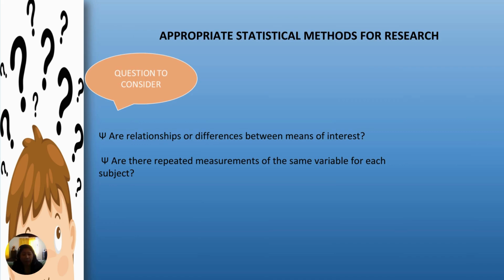And another question: are there repeated measurements of the same variable for each subject? This refers to repeated measures or within subjects designs. This applies especially to experimental researches, no? It means verifying whether there are repeated measures. Did you measure the same thing more than once for the same people?